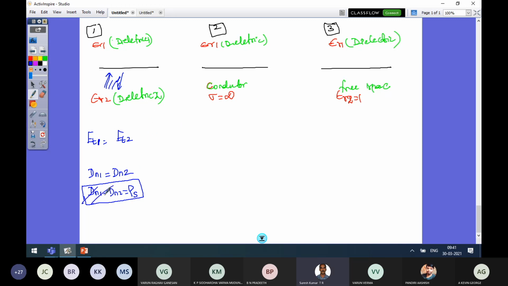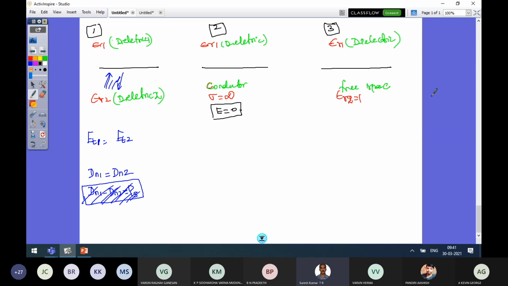Now for this moment let me ignore this equation. Let us rewrite the same equations for the other boundary combinations, like dielectric and conductor, the second possibility. You already know that the electric field will be zero inside a conductor. I think I have not discussed this. For this moment, assume the electric field inside the conductor is zero; there can be no electric field surviving inside.